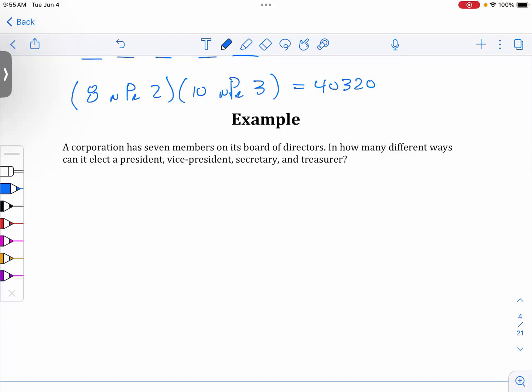When you have distinct groups, I can't have that same person be 2 different positions. So again, I like the blank method, which means I had 7 members, and then 6 members, and 5 members, and then 4 members, and multiply away gets us 840 ways we can do this.